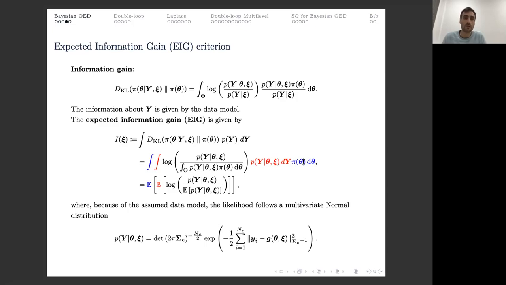And it's basically this double integral, which here is in blue and red, with the inner integral in the denominator. The likelihood here, because of the model we assumed, is a normal distribution centered on G, and it takes the form of this last equation.